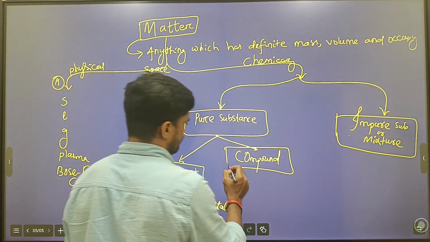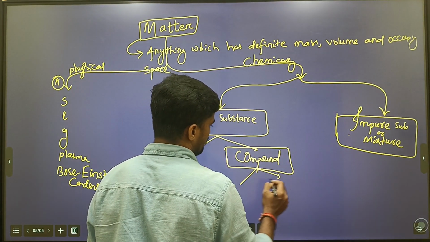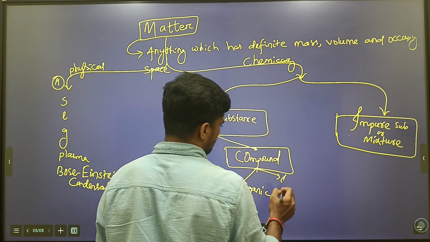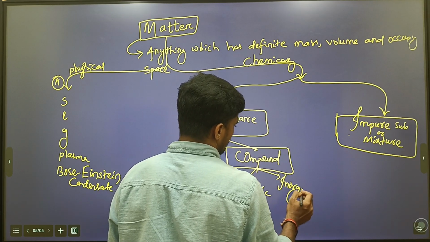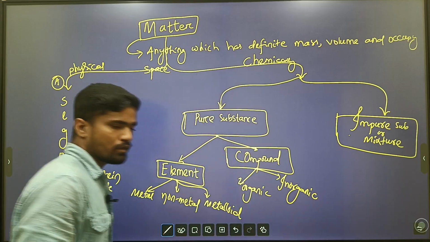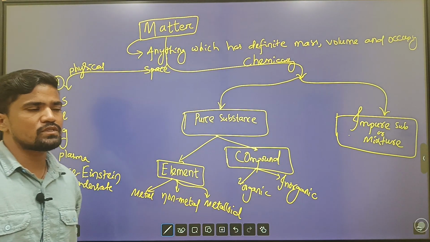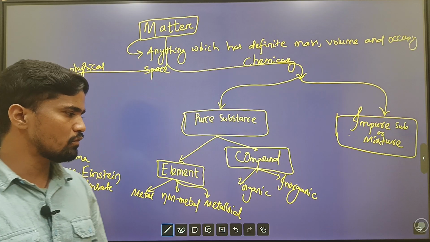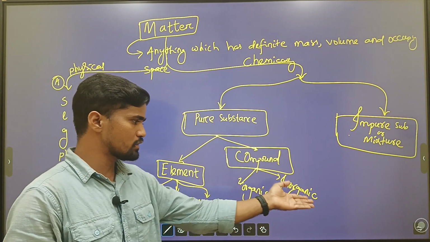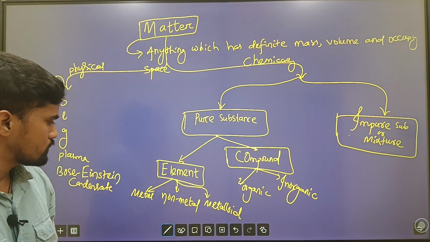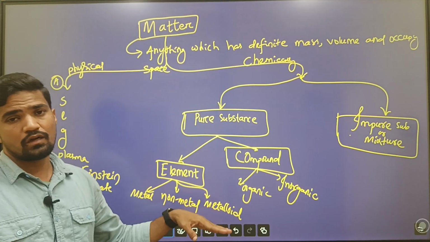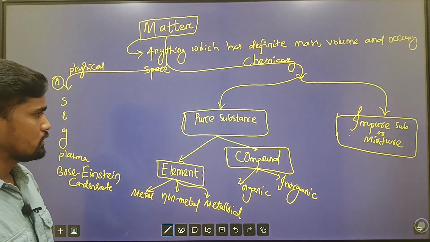And compounds are mainly two types: one is organic, another is inorganic. Organic compounds are obtained from organs of plants and animals. Minerals produced are the inorganic compounds. Metal and non-metal we have already learned in 10th class.